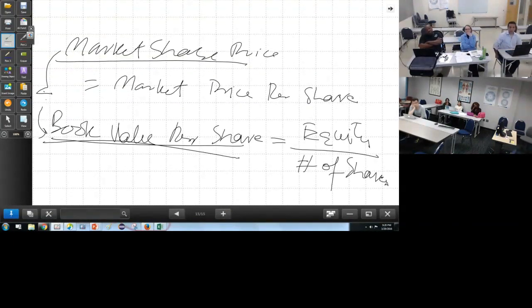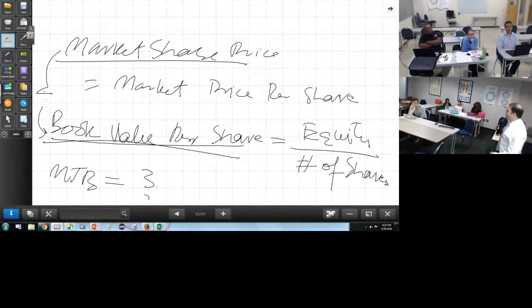And if this market to book value is equal to 3, for example, that means that the market is willing to pay 3 times more for the company's equity. And why would the market do that? Only if the company is really performing well.